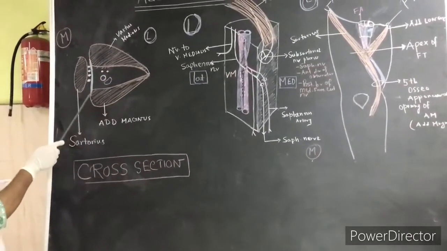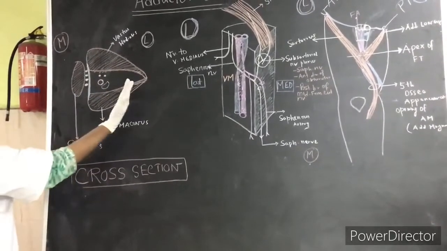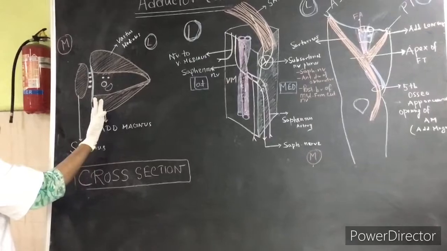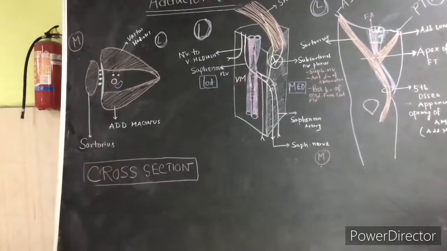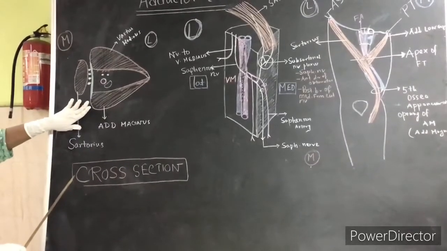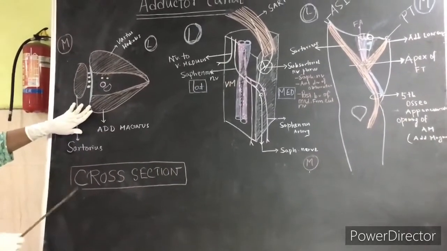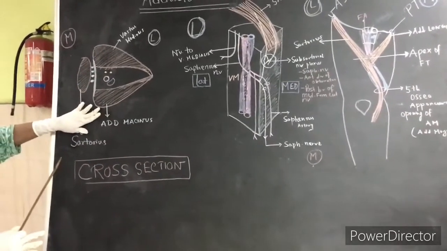This one is adductor magnus. So this must be a cross section of the lower part of the adductor canal. If we write here adductor longus muscle, then it will be a cross section of the upper part of the adductor canal. So the floor is formed by two muscles: adductor longus above, adductor magnus below.